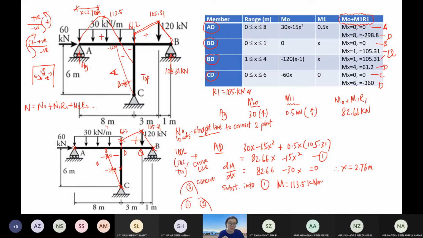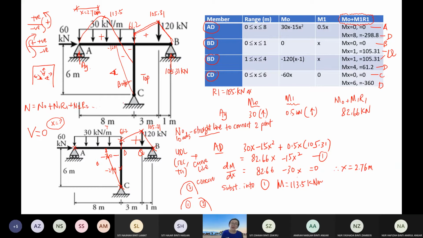In chapter 1, we determine the inflection point by taking the shear force equation V equal to 0, then we get the x value and substitute it into our bending function. But now we don't have the shear force equations on this page, so we can utilize the bending function.